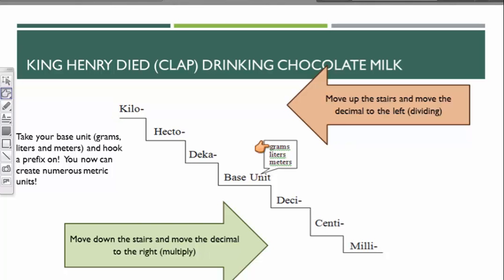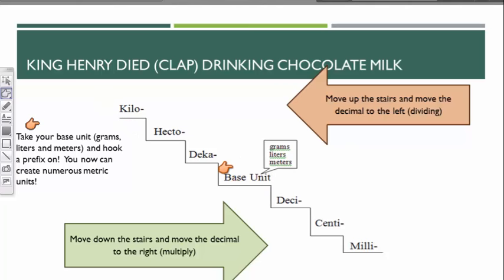If I take hecto and grams, I would get hectograms. Decagrams, decigrams, centigrams, milligrams. And you can do this with all the bases. You can take liters and put them on each one of these, and you can create your own beautiful little metric units. So these are our prefixes, and then we have our base units right here.